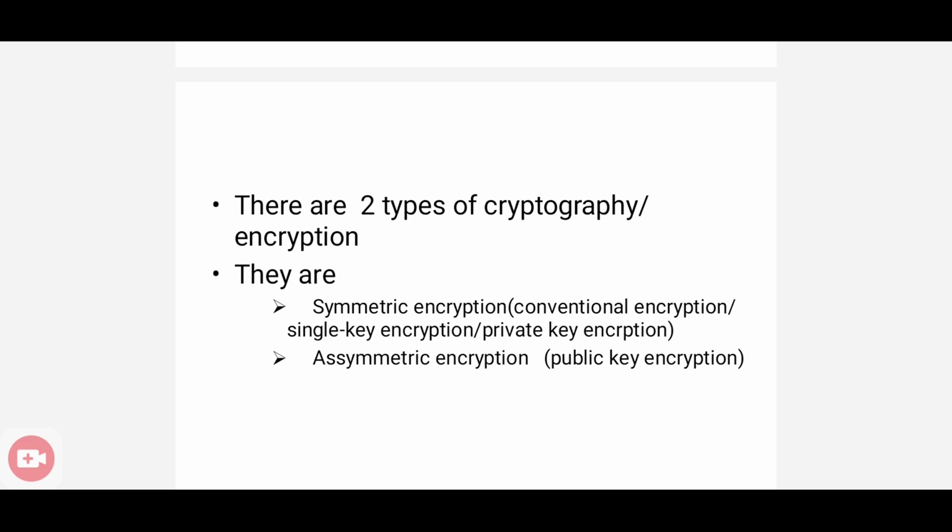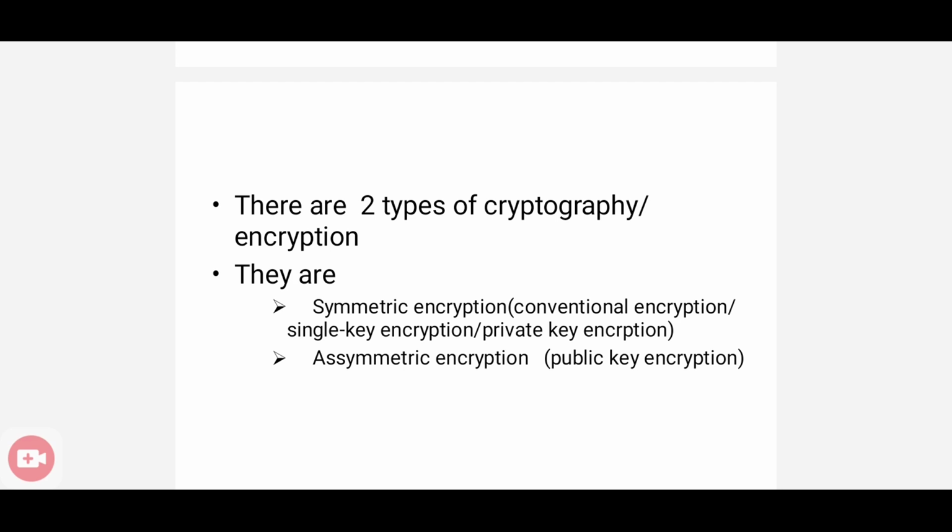Symmetric encryption is otherwise known as conventional encryption, single key encryption, or private key or secret key encryption.